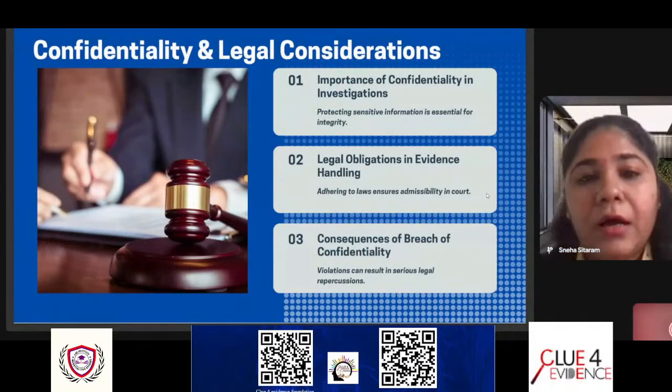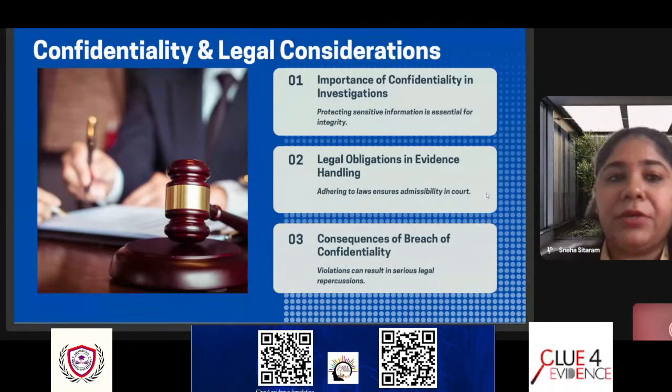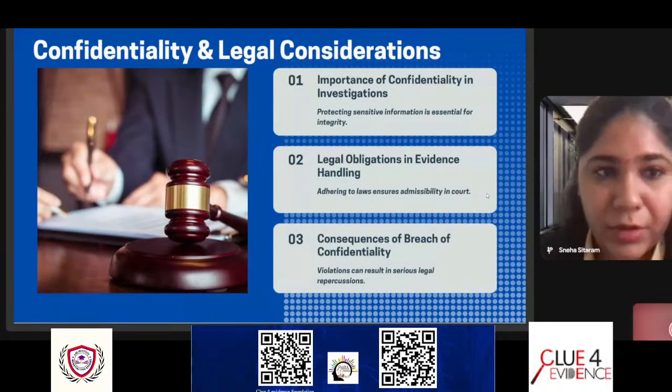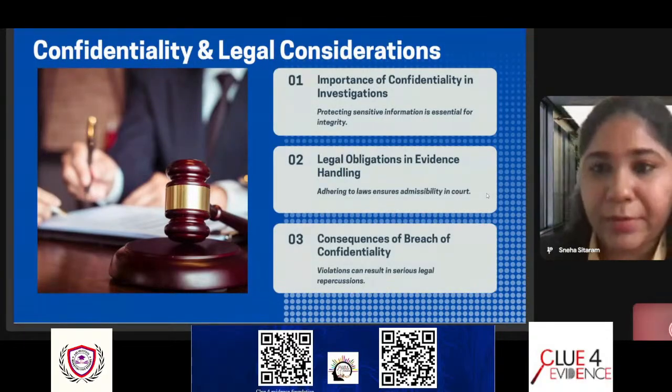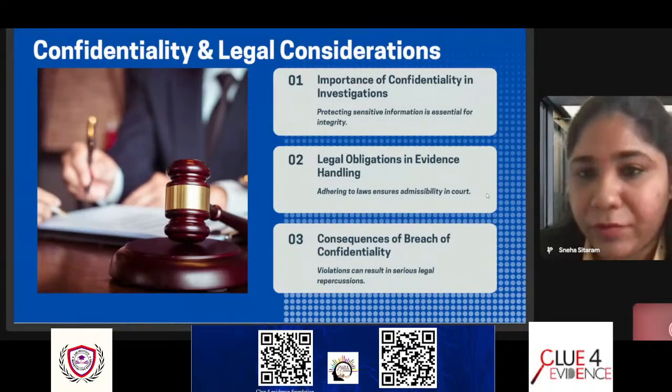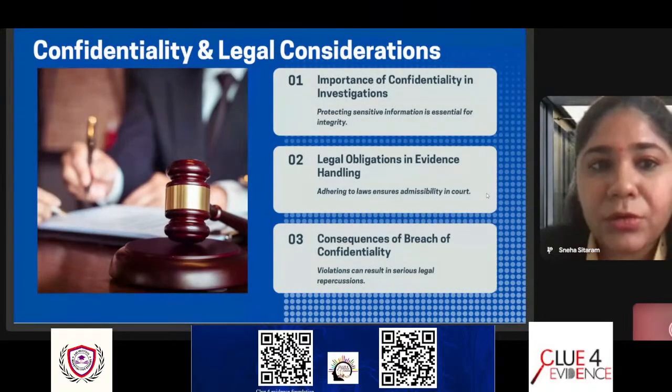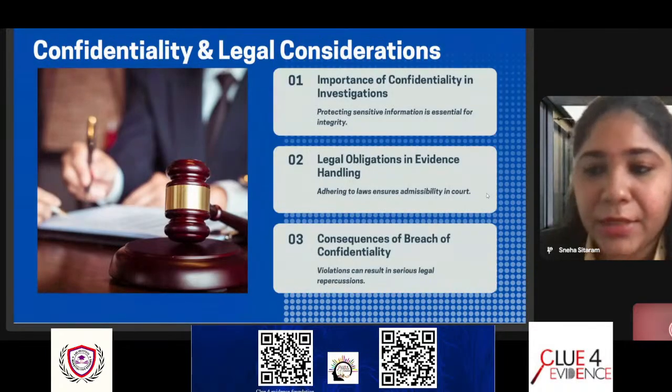Okay. This again relates to what we have spoken about a lot of times in this session itself, confidentiality. That is something very, very important for any investigator.